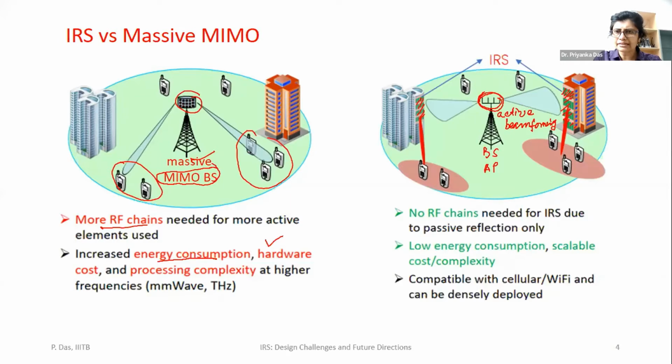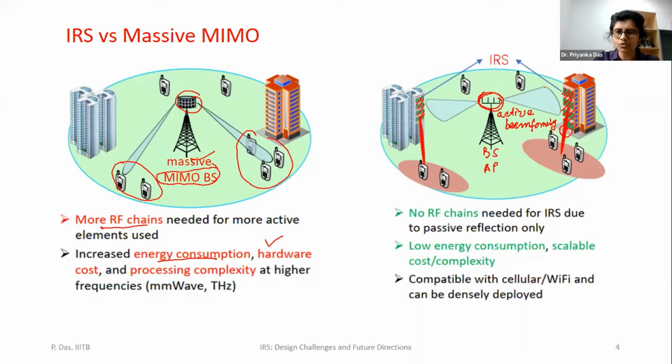And the IRS will do passive beamforming. Why passive beamforming? It comes from the passive nature of the IRS elements. That's why we call it passive beamforming. And the passive beamforming will direct a focused beam towards these users. So now you are adding this advantage of IRS to make your network architecture low cost, with less power consumption, scalability, and also we have to make sure it is compatible with cellular, Wi-Fi and other standards.